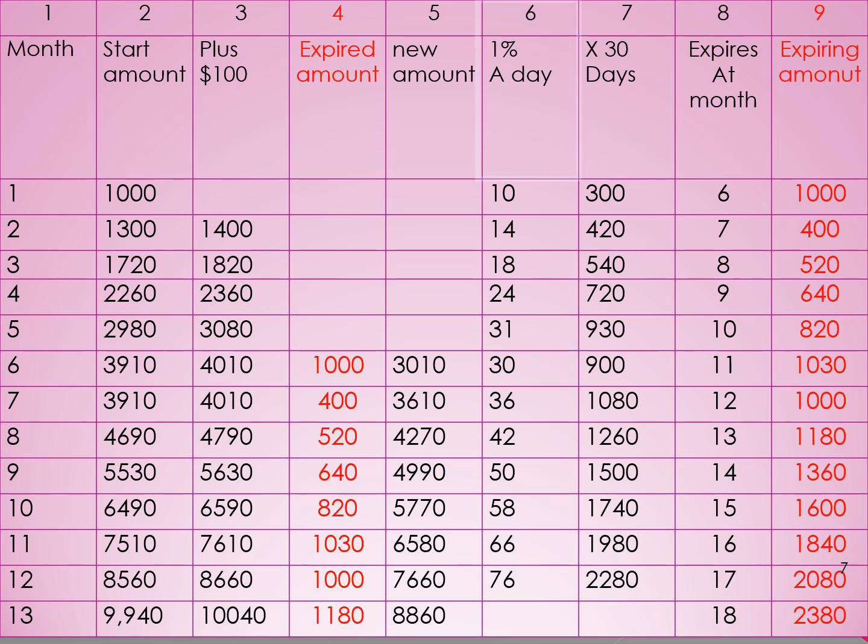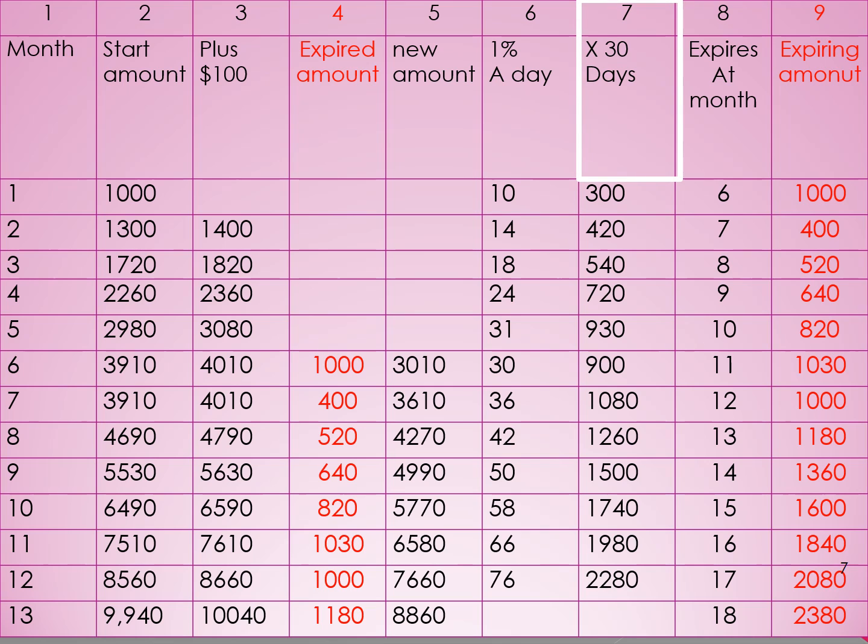Then as we slide over on row 1, we're going to go all the way over to column 6 where it says percent a day. 1% per day equals $10. So you are going to earn $10 a day on that $1,000 investment.